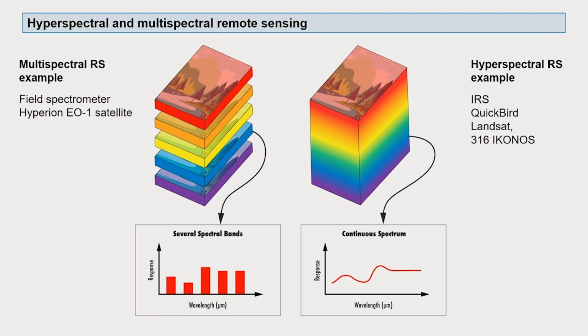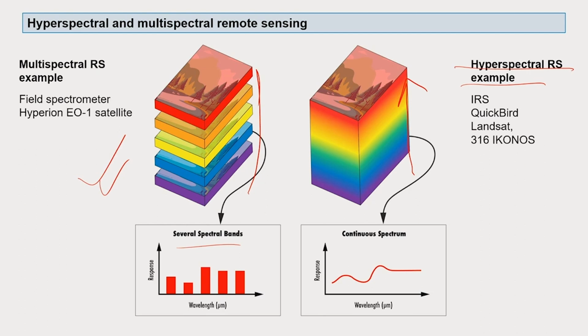Now this slide shows the differences between hyperspectral and multispectral remote sensing. On your left-hand side, for multispectral remote sensing, one example is the field spectrometer. It has different spectral bands and can differentiate between them and give individual information, whereas hyperspectral remote sensing gives you a continuous spectrum and information.